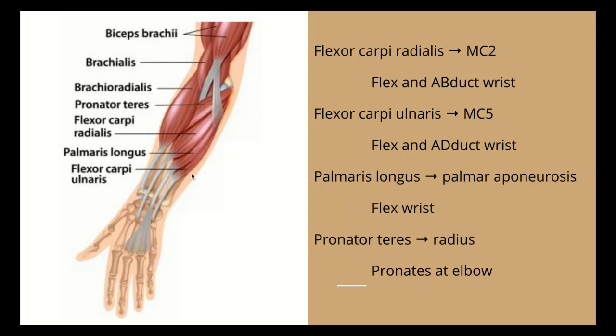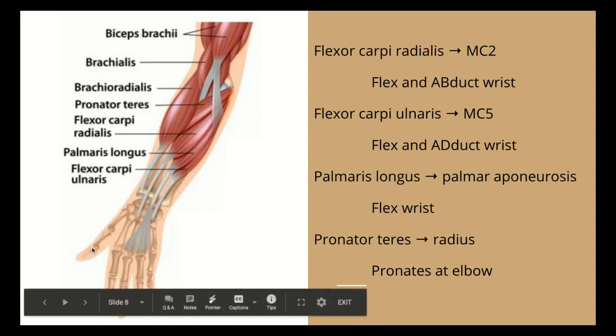And then we have flexor carpi ulnaris, which is going to be inserting on metacarpal 5. So remember, it starts up here at the medial epicondyle, and it runs closely in association with the ulna. Remember, the ulna is going to be opposite of the radius here. Radius would be right here if you follow the thumb back, and then the ulna is going to be here.